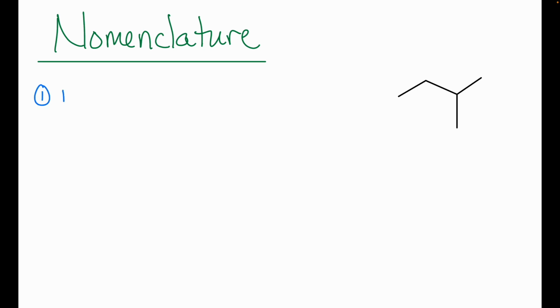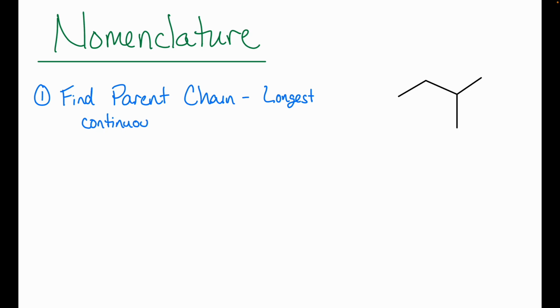1, we're going to find our parent chain. And a parent chain is the longest continuous set of carbons. So I need to look at a molecule and trace out what is the longest continuous set of carbons that I have.